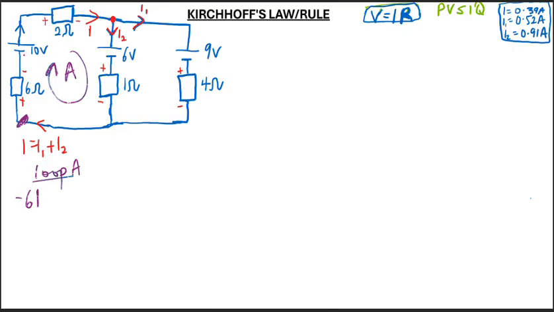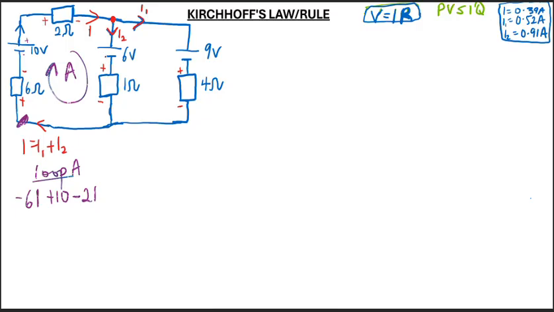Moving to the second one, it's moving from negative to positive, that is plus 10, and from here positive to negative, that's minus 2I. We know it is I also that is moving in this wire. But when we reach here, the split of current occurs, and we know that it is I2 that flows through this wire.